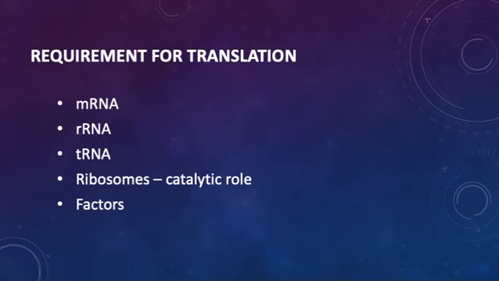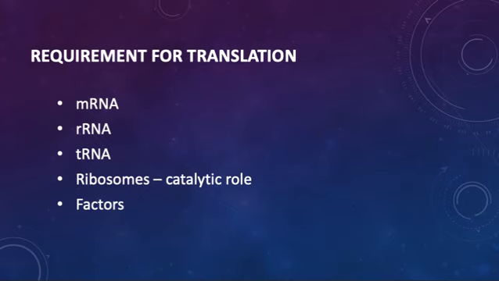For example, the initiation factors you require for the initiation process, the elongation factors for the elongation process, and the releasing factors for the termination process. So all these are nothing but proteins which play an important role in each step of translation.